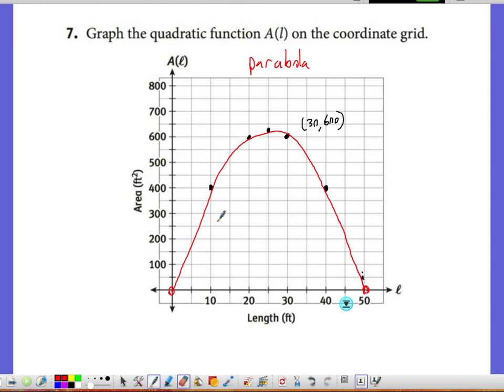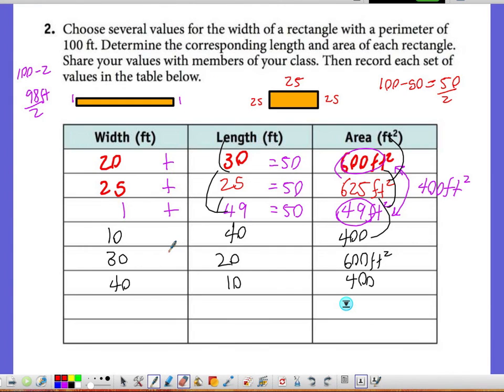Okay. Now notice, do we want our line to hit exactly 0, where we have 0 length and 0 area? Again, we're relating this to the real world. Is it possible to have a rectangular enclosure where your width is 0, which means that your length is going to be 50, but then your area is going to be 0? No, this does not make sense.